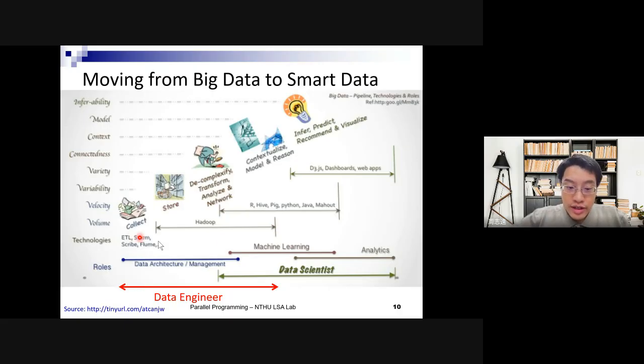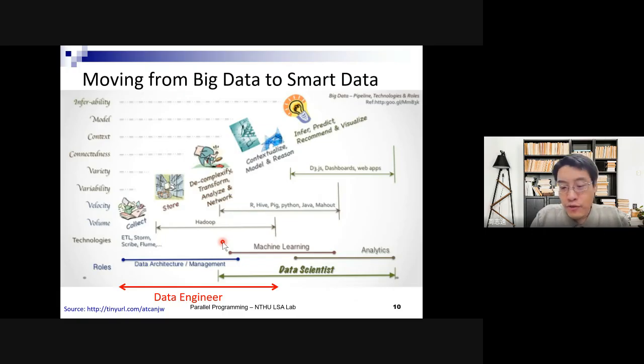And for data engineer, as we mentioned, it needs to manage the data and build the architecture for the data, right? So they need to figure out how to collect data, how to store data, and the tools they use are also different from other positions, right? Like the Hadoop system we introduced, it is a very commonly seen software or platform for data engineers.